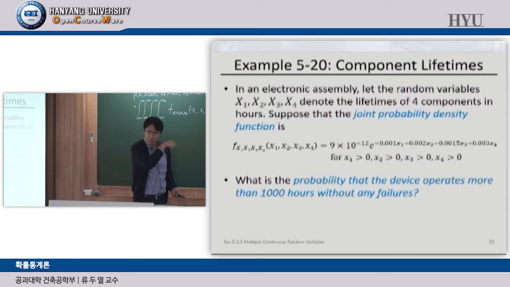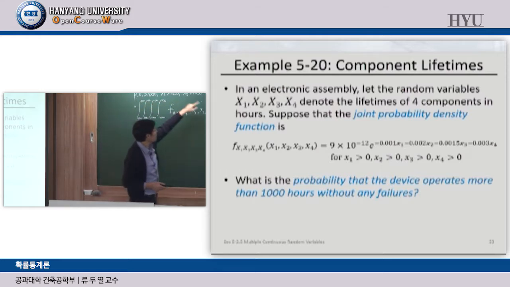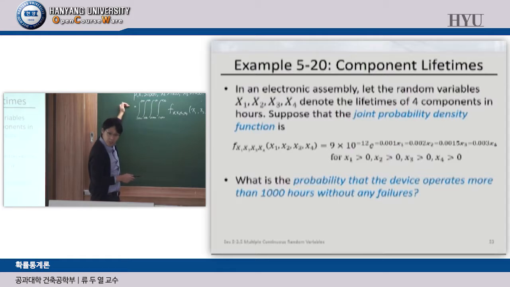Please check your previous slide. So this probability is equal to the integration of the joint probability density function from x1 to x4, and all the random variables should be larger than 1,000, so from 1,000 to infinity.